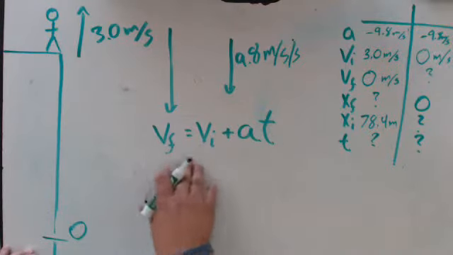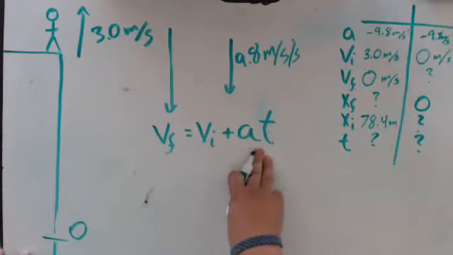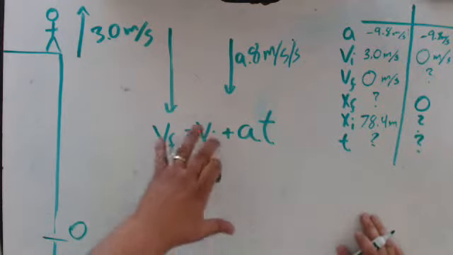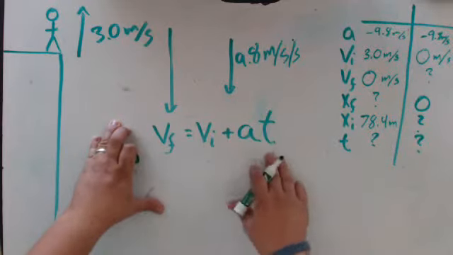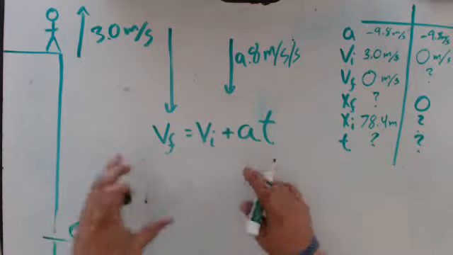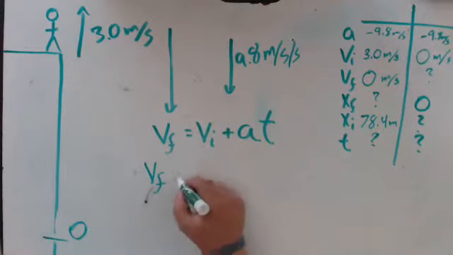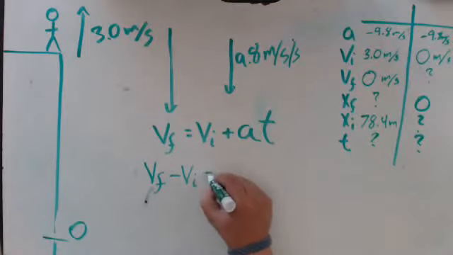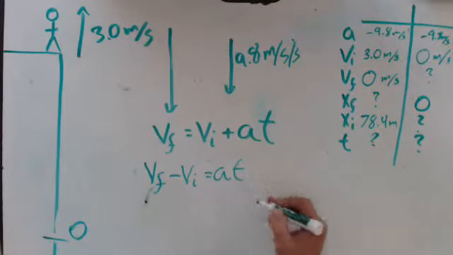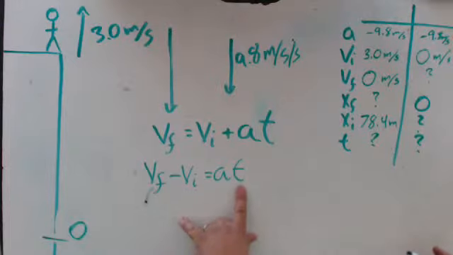I've got three terms. I want all my terms except for one on the other side, so I'm going to bring over this term right here, and then isolate the variable that I'm looking for, which is time.